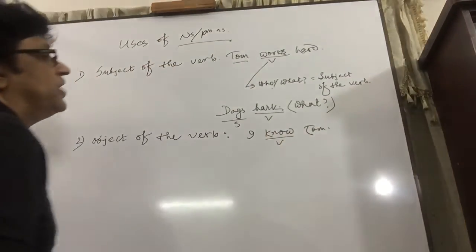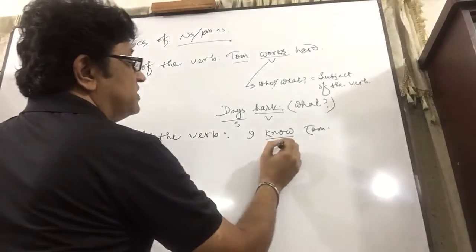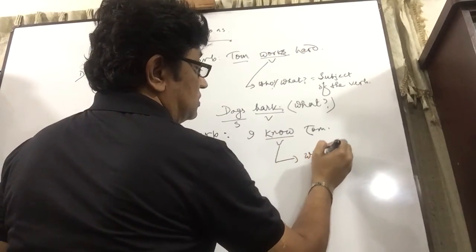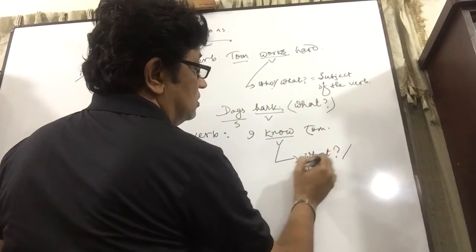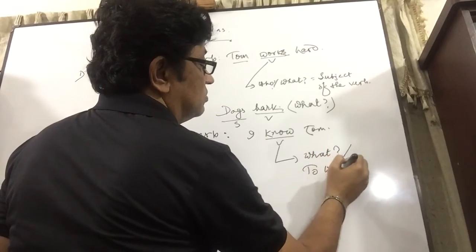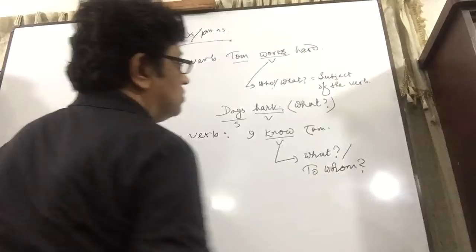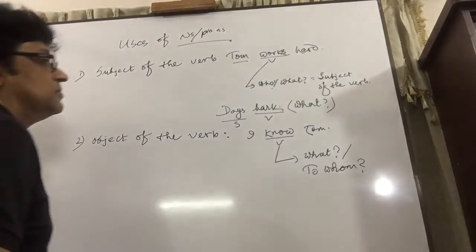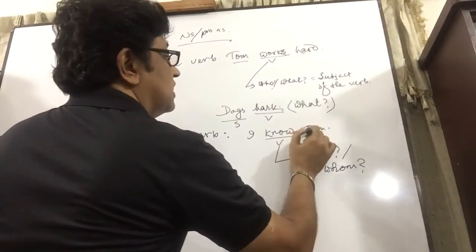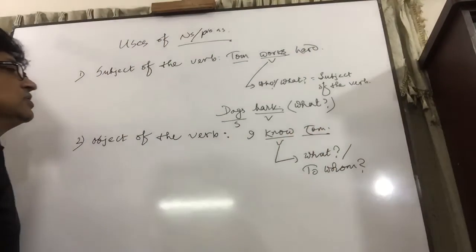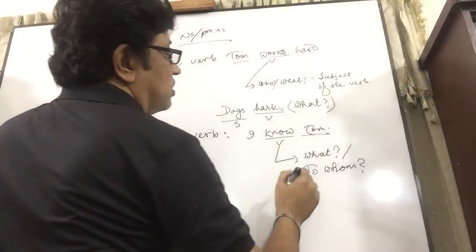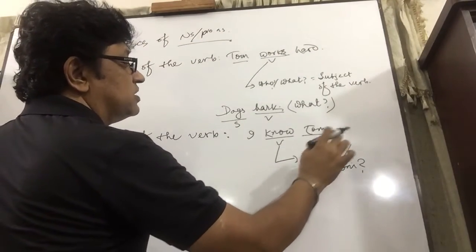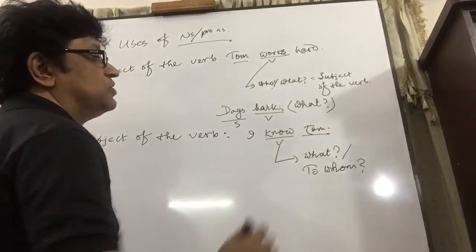Then if you want to find the object from the sentence, you have to ask what or to whom. I know Tom. Here, ask whom you know, or what you know. I know a person named Tom.